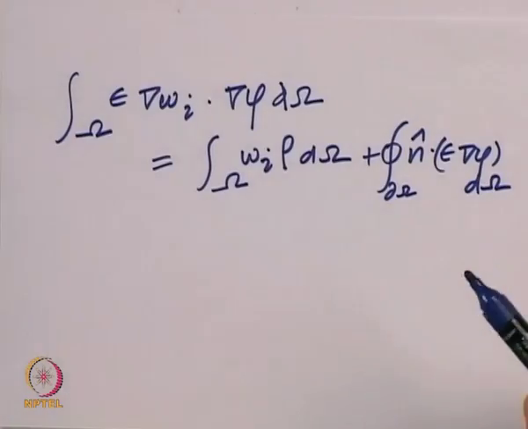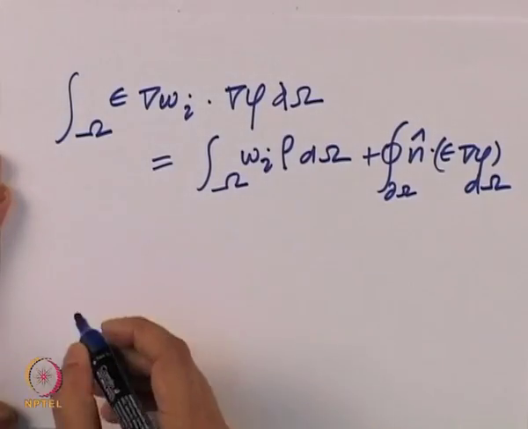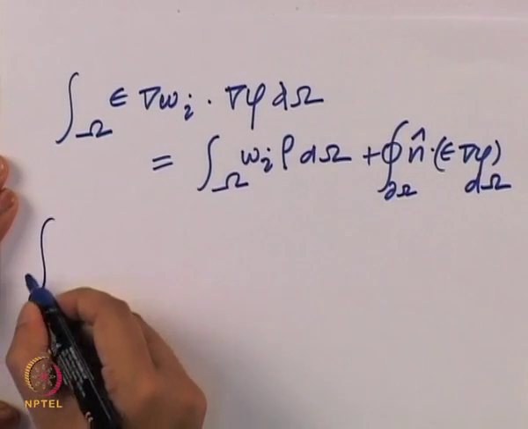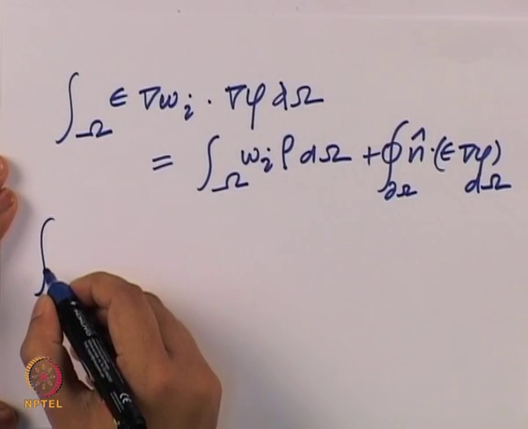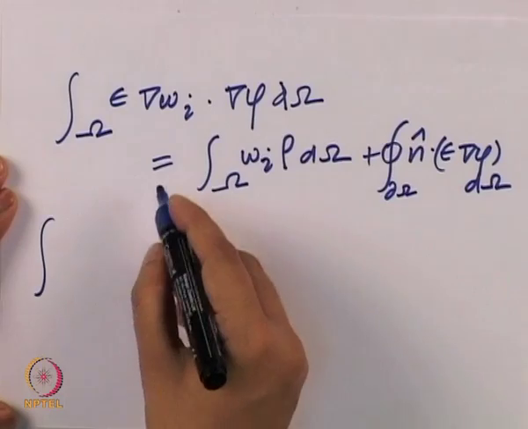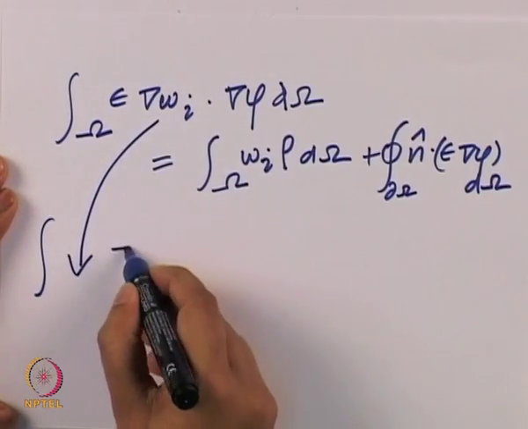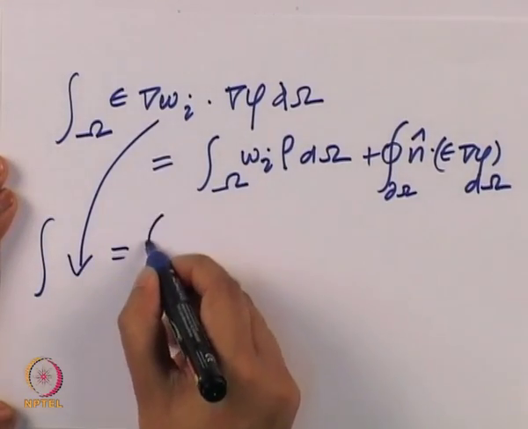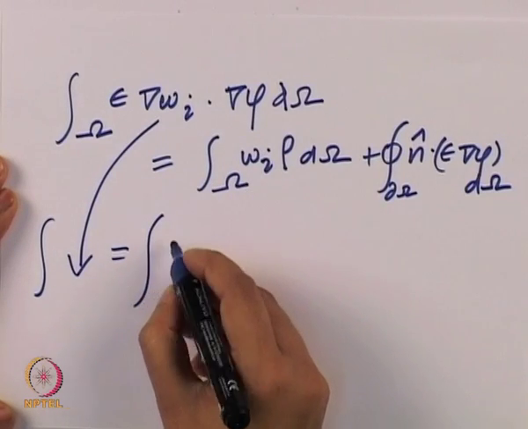So I am going to use the Neumann boundary condition and the Dirichlet boundary condition to reduce this particular formula even further. So what I am going to do is I am going to split this into the right hand side will stay the same. So this particular thing is equal to the first part will also stay the same.